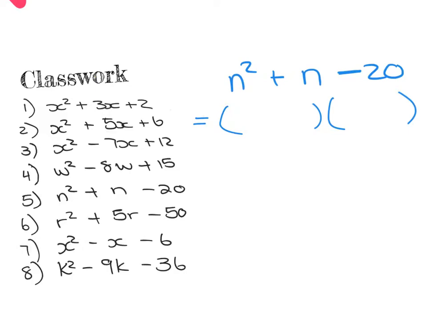Okay, now this one, I've got to find out what times what will give me minus 20, but also positive 1 if you add them together. Now 4 and 5, you can get to positive 1 by saying positive 5, negative 4. And that will be the right ones, because negative 4 times positive 5 gives me negative 20. And then I'll just divide my 2 ends. Do the next one.